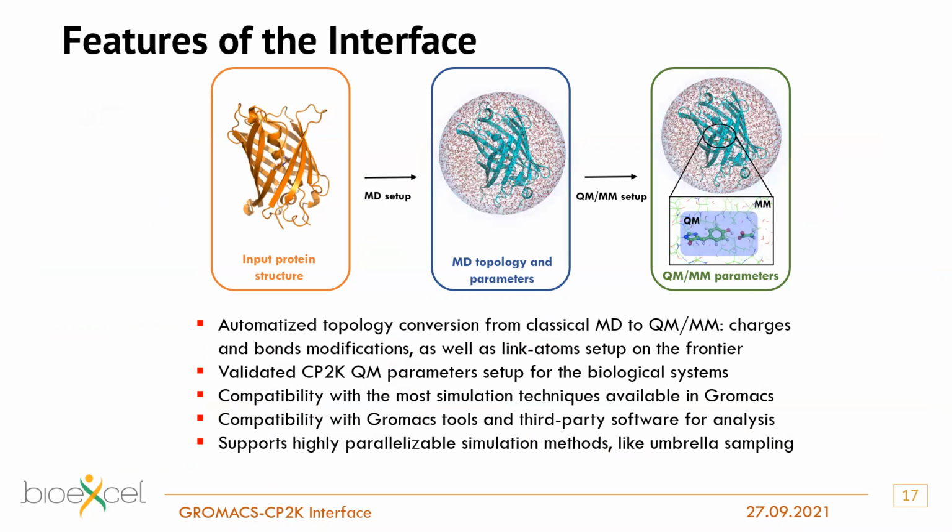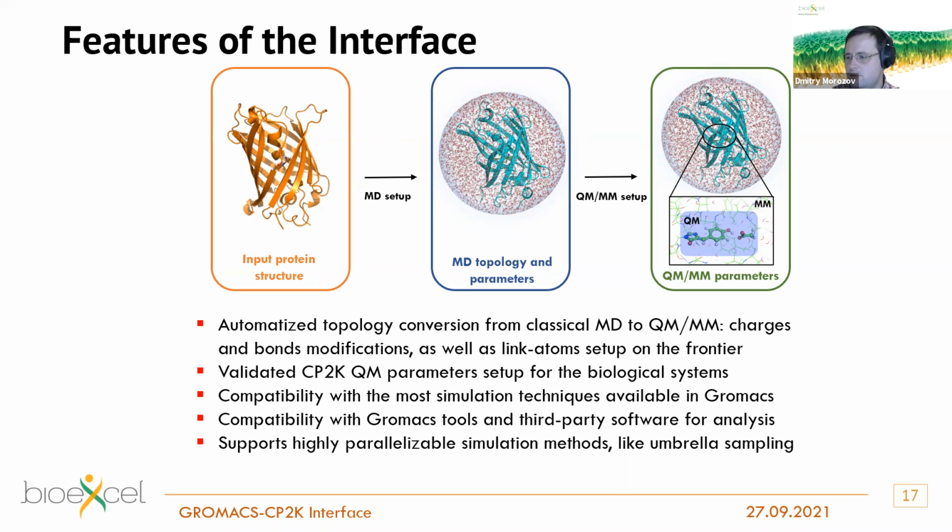What we wanted to achieve here, and what we have achieved already, is that first of all, our interface allows the user to automatically convert a GROMACS topology from classical MD to QM/MM, because as I said previously, there are several things you need to consider when doing that. We provide users with a validated set of parameters for some very widely used QM methods, especially some DFT functionals, which will be suitable for most biological systems.